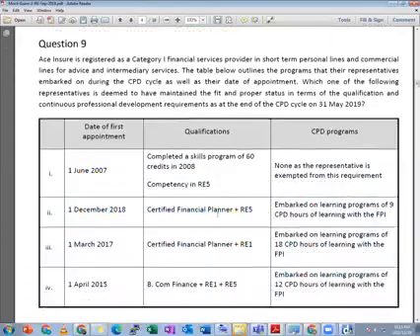Guys, I'm going to show you this table here and how to answer the question in this table form. I want you to understand that if you don't know your fit and proper requirements accordingly, and you don't know your categories accordingly, you don't know your classes of business accordingly, you won't answer this question.